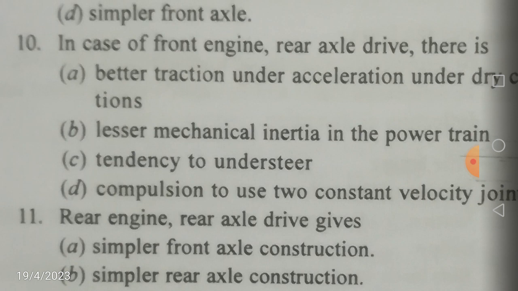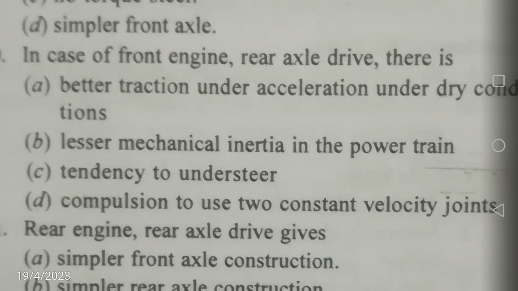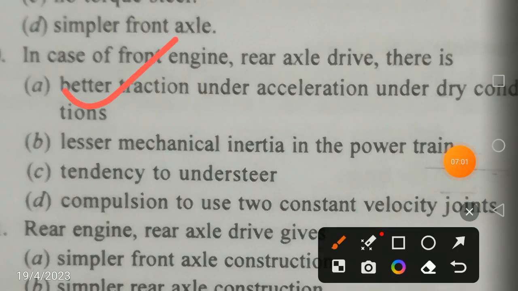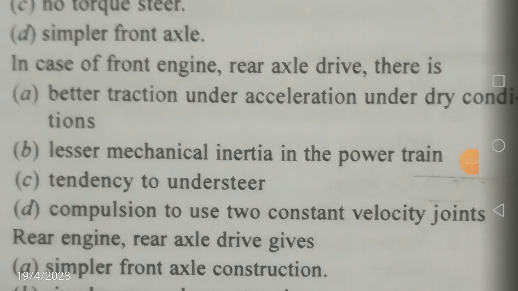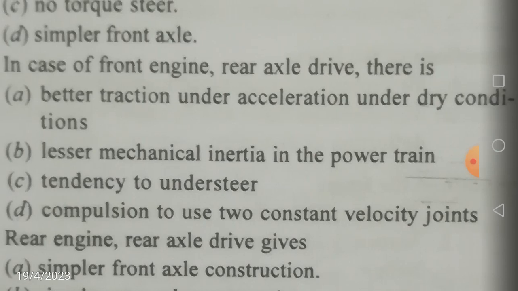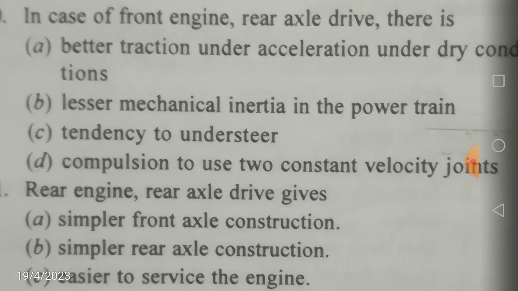The correct answer is better traction under acceleration under dry conditions. So we will have a good force to move the vehicle, traction under acceleration, under dry conditions. This is the result of using a front engine, rear axle drive vehicle.